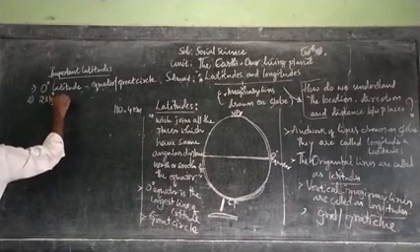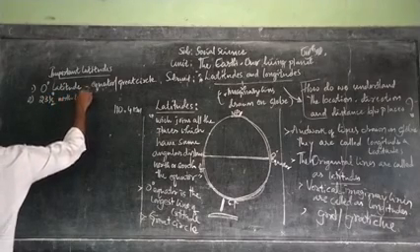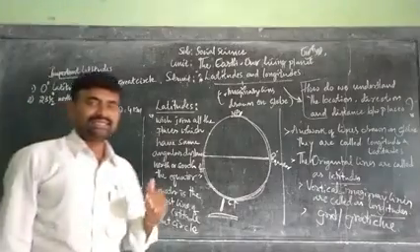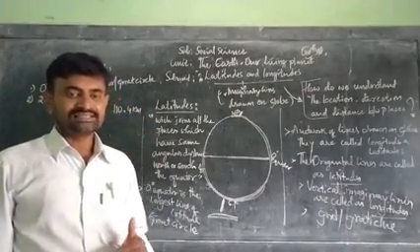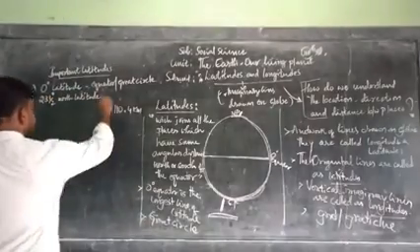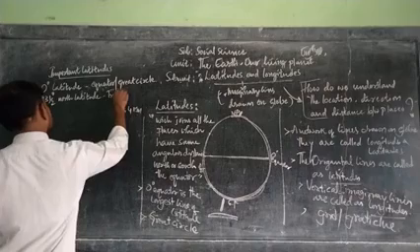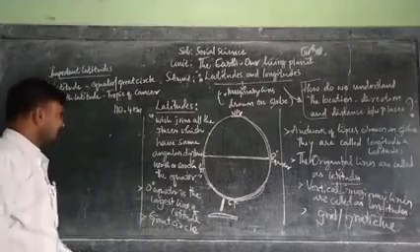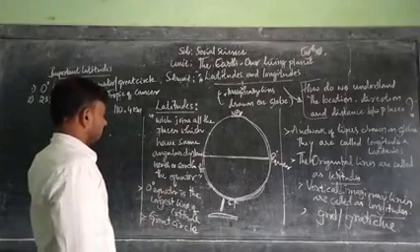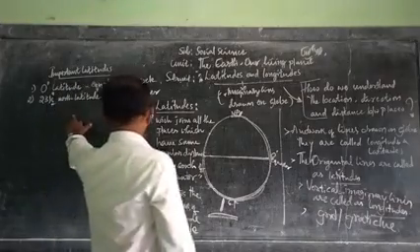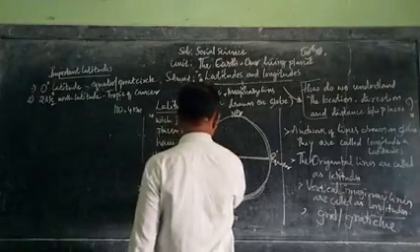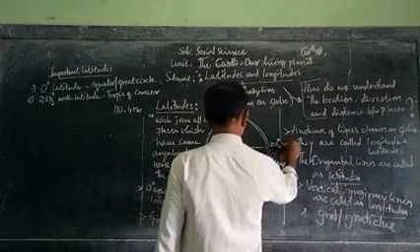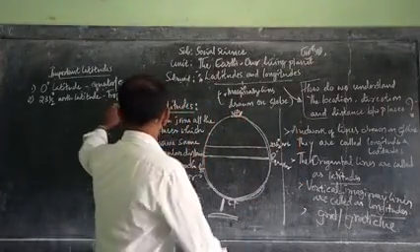The 23.5 degree north latitude is called the Tropic of Cancer.